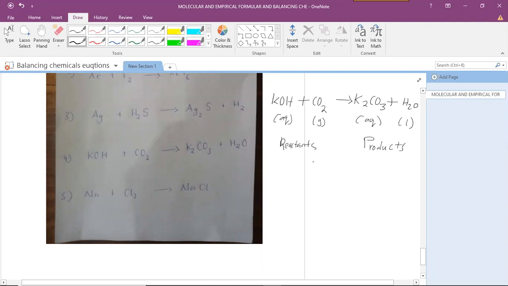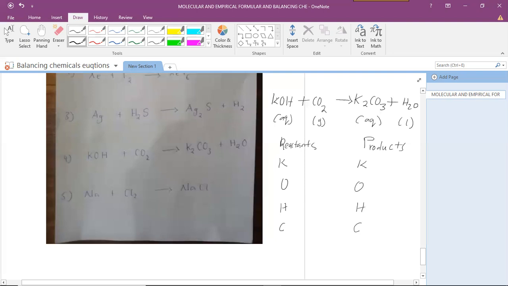Then we target the atoms. We have got potassium, oxygen, hydrogen, carbon. Potassium, oxygen, hydrogen, carbon. We won't say oxygen again, we've already counted it there. The same things, we should have them in our products. Potassium, oxygen, hydrogen, carbon.